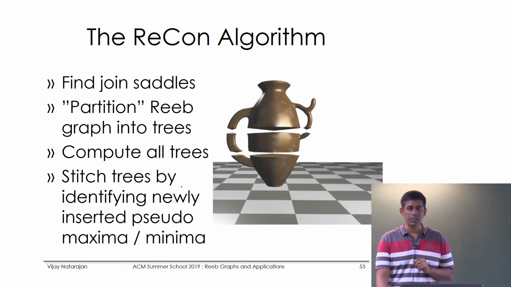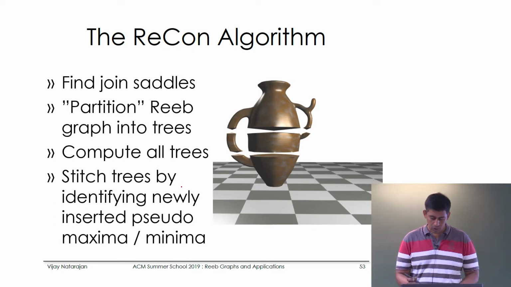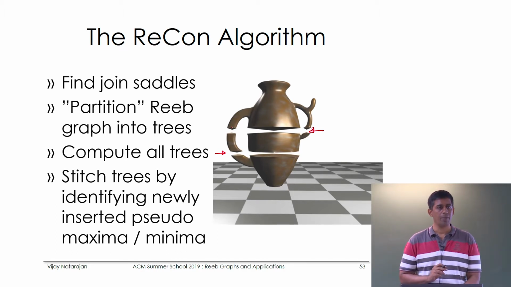We find the join saddles and split the domain exactly above these join saddles. So, see, we have split it here and we split it here. The split can have other consequences. It can split this guy further, but that is okay, we do not care about it.